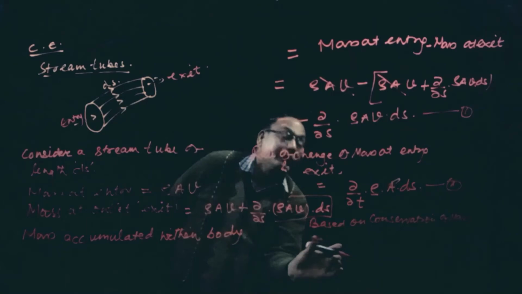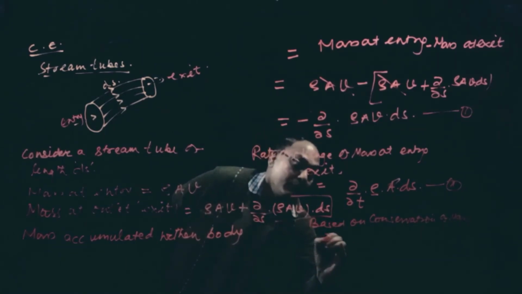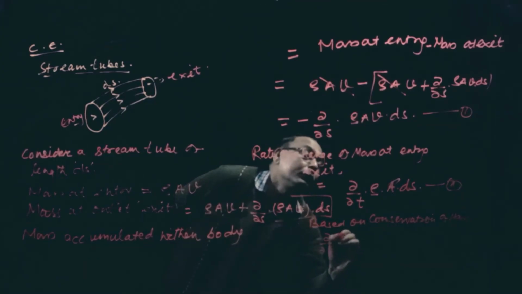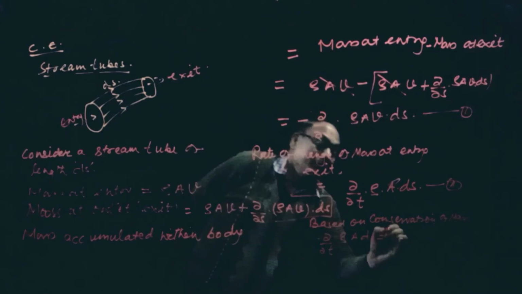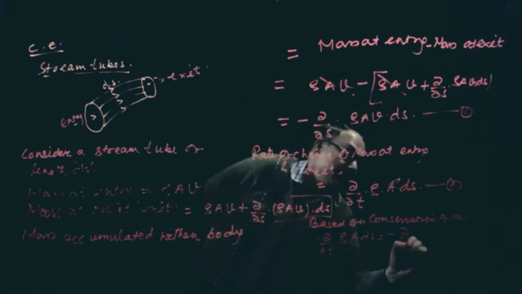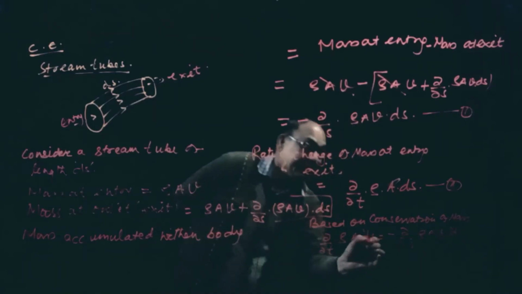So we can write d by dt into rho a ds will be equal to minus d by ds into rho a b into ds. So ds will get cancelled.